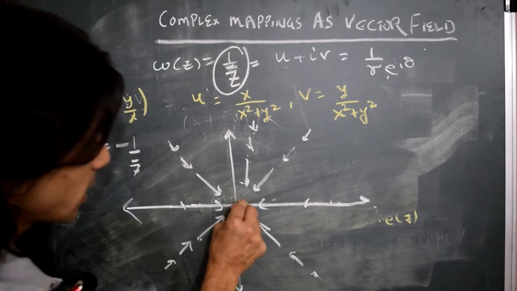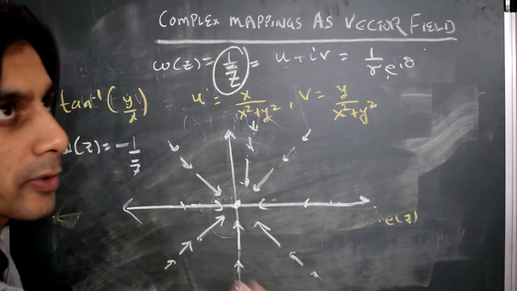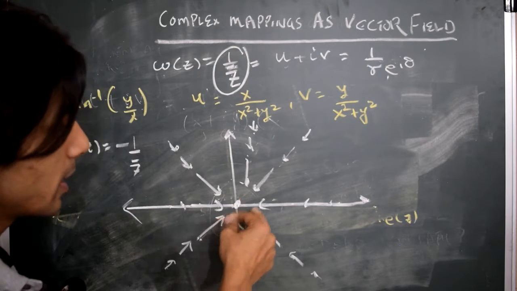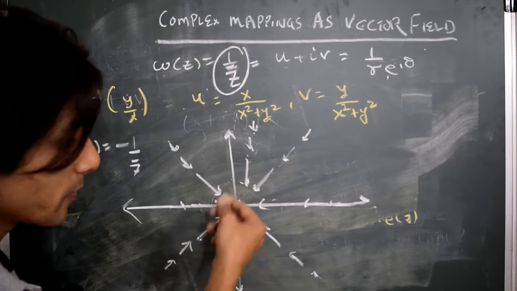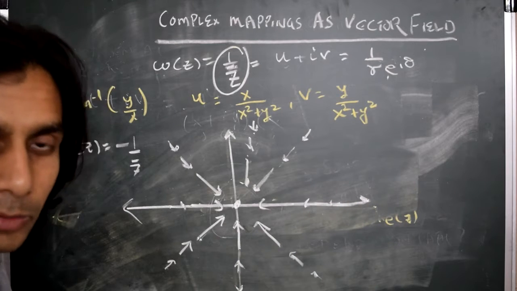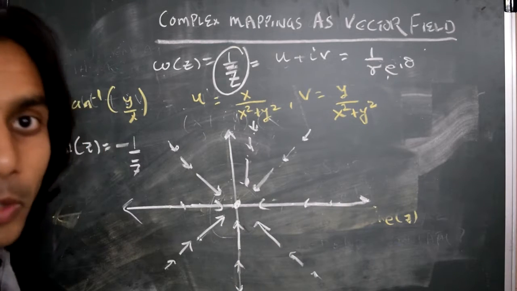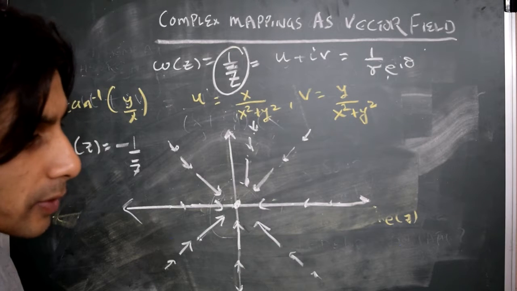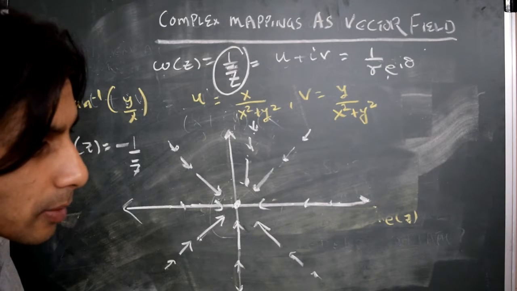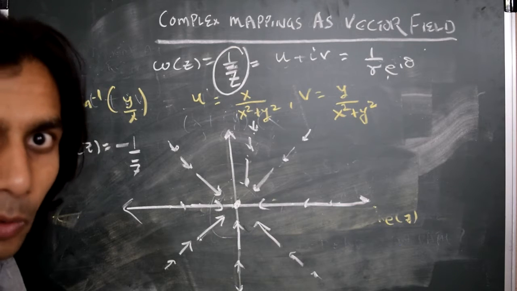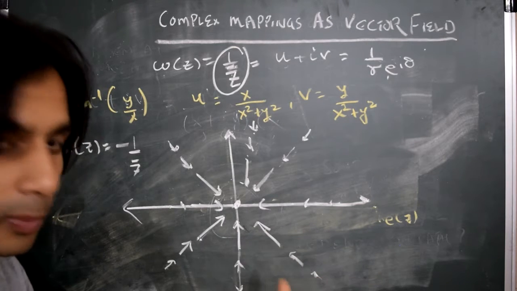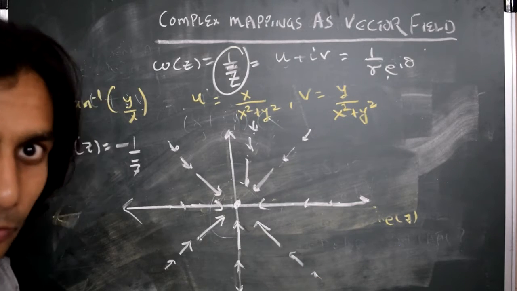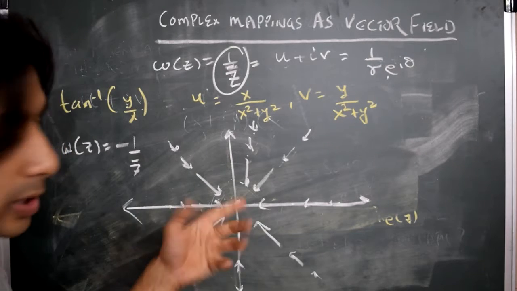From the point of view of electrostatics, this can represent a source of negative charge where the electric fields converge. Or from the point of view of fluids, we can think of this as a sink. If you think of a washing sink where we wash our utensils, for instance, the water from all around the sink flows into the drain at this particular point.